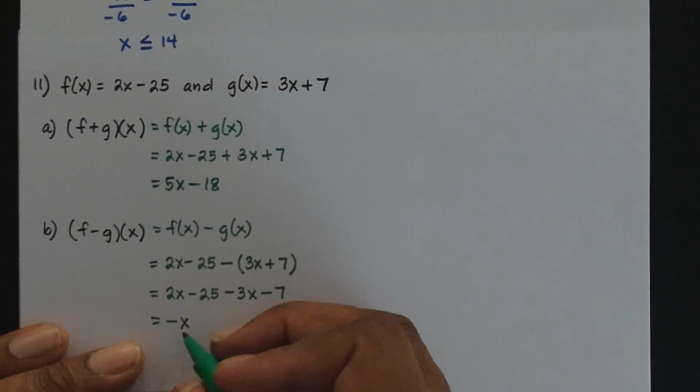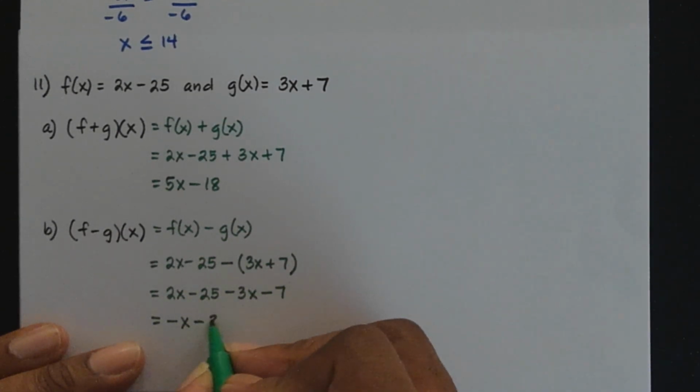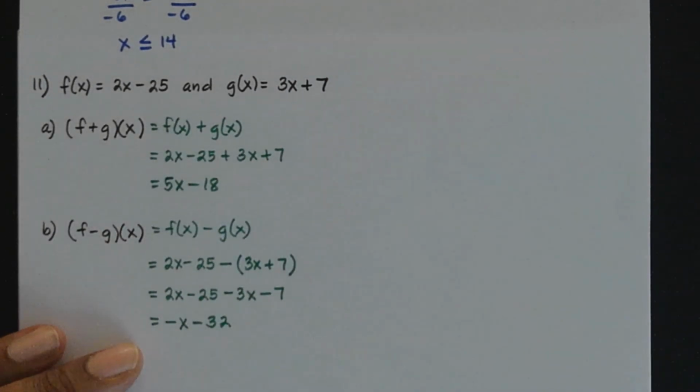Minus 25 and a minus 7 would be a minus 32. So the difference of the two functions f and g would be negative x minus 32. All right, any questions about part B?